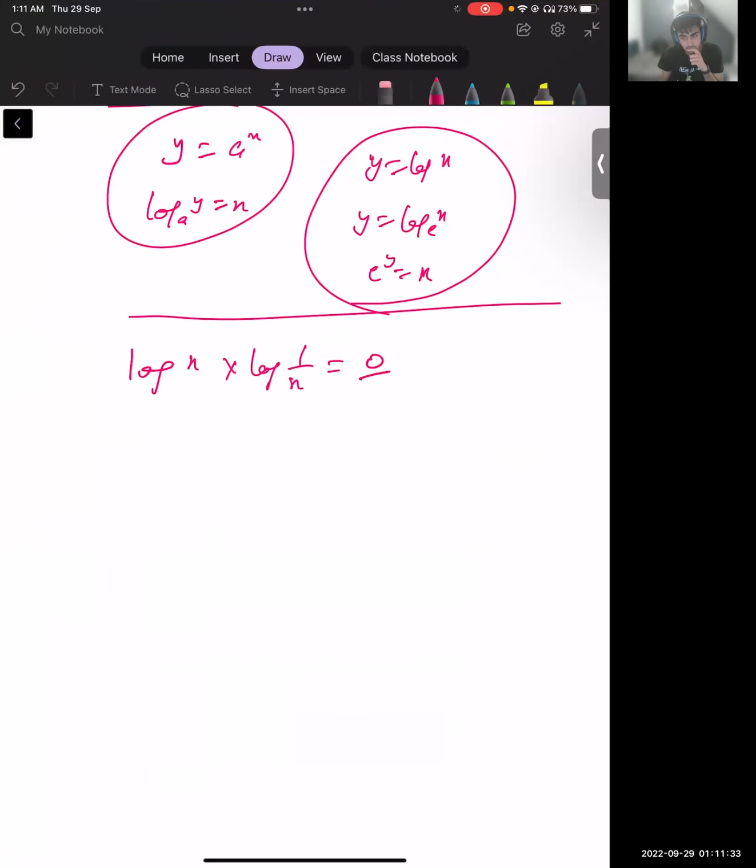It is 0. Why is it 0? Is it because it cancels each other out? Because log 1 over x can also be written as minus log x, and it will become log 1. And log 1 is 0. Okay, got it.